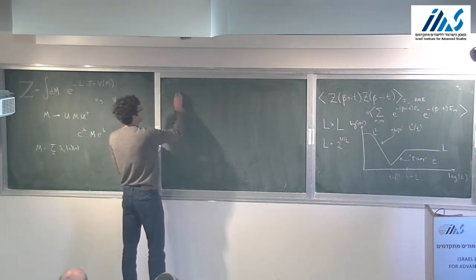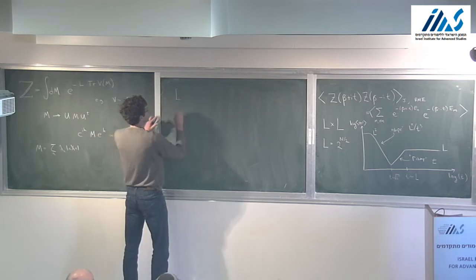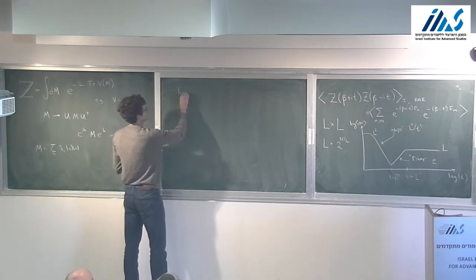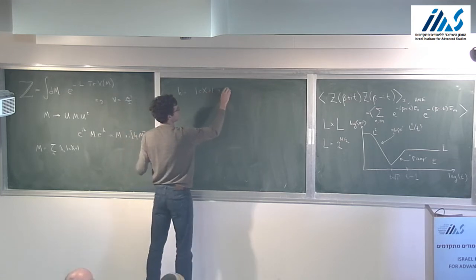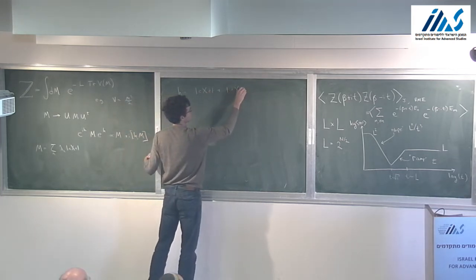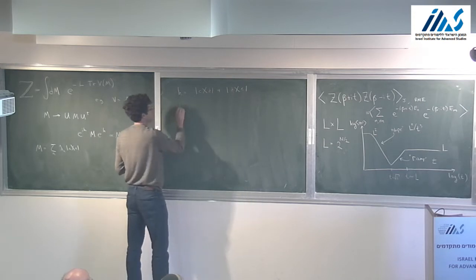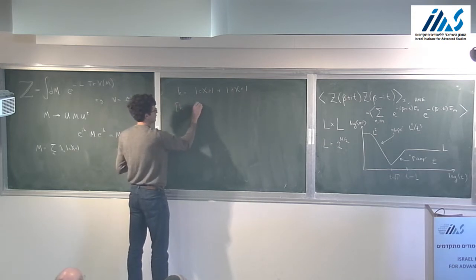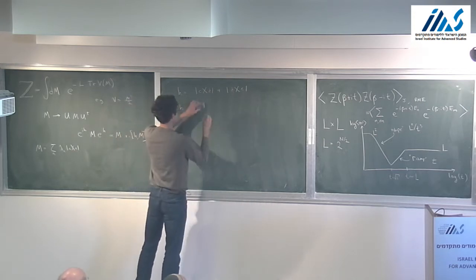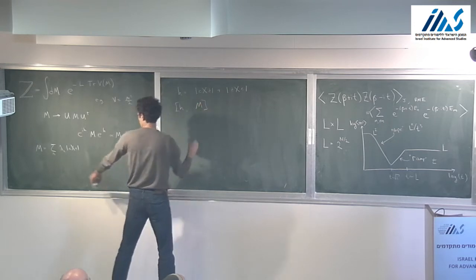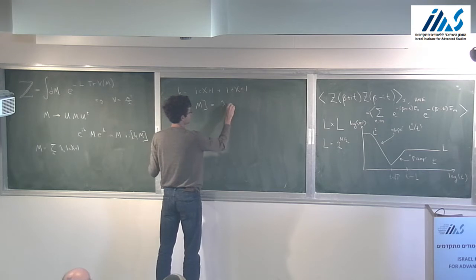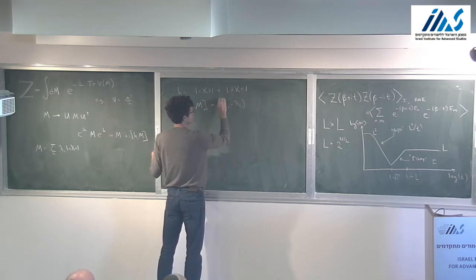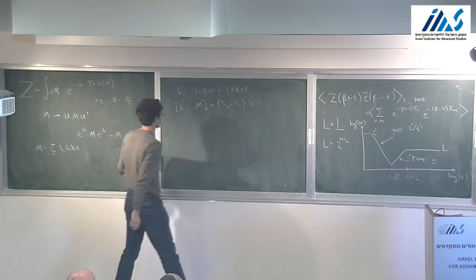So it's convenient to use the following: if we take h to be some off-diagonal matrix like this, then we have the commutator of h with M, where I'm using this expression for M, equal to lambda D minus lambda C times h.